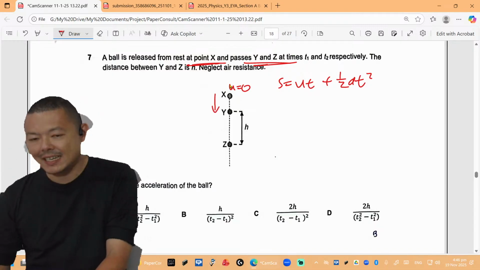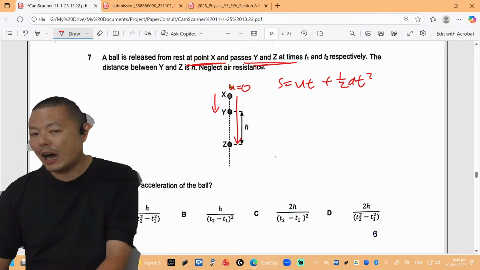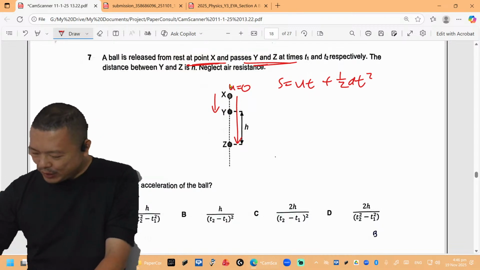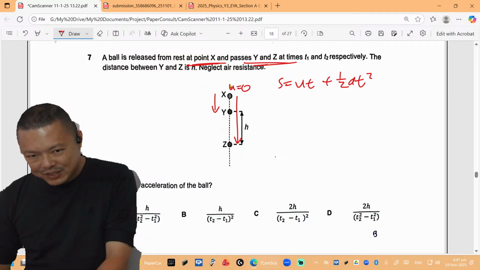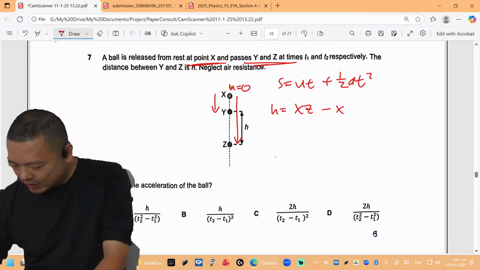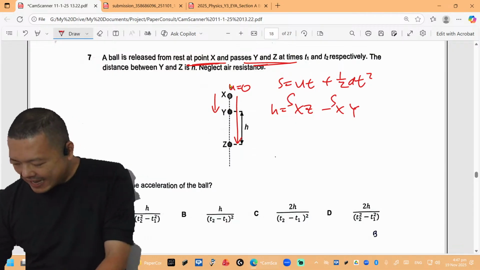The first distance is x to y, and the other is x to z. How do I find h? Correct, x to z minus x to y. So h is s of xz minus s of xy.